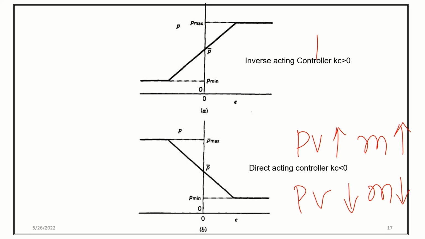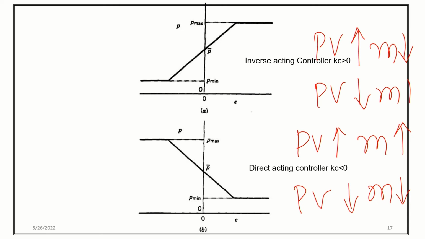An inverse acting controller means that when the process variable increases, the controller output decreases. Or in the other way, when the process variable decreases, the controller output increases. You just see the graph. The upper diagram is your inverse acting controller.